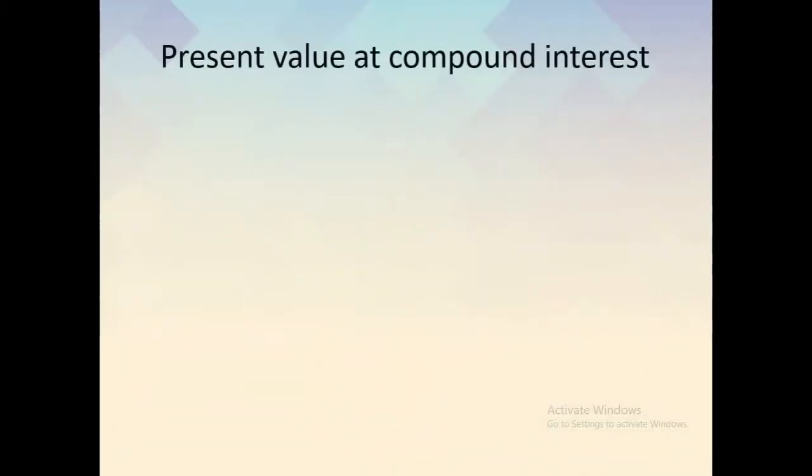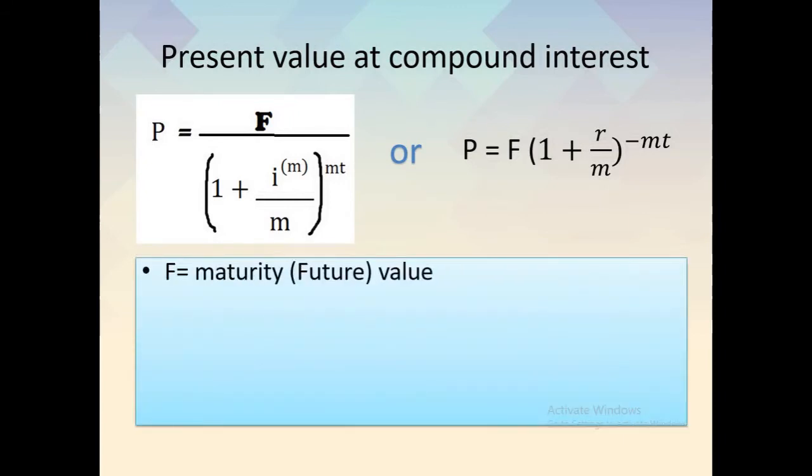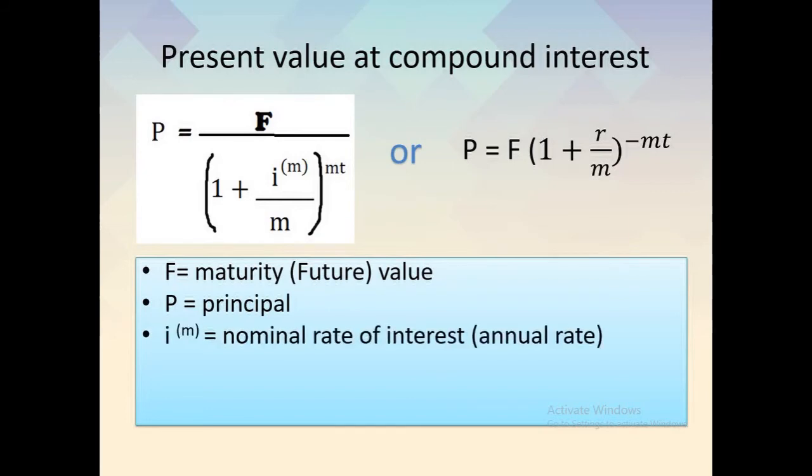The formula is P is equal to F over 1 plus i^(m) over m to the power of m times t, or P, the principal or the present value, is equal to F times the quantity 1 plus r over m to the power of negative m times t, where F is the maturity or the future value, P is the principal, i^(m) is the nominal rate of interest or annual rate, m is the frequency of conversion, and t is the term or time in years.